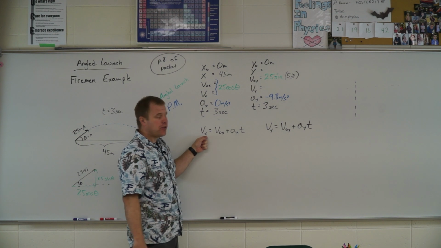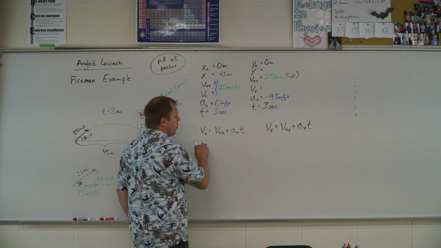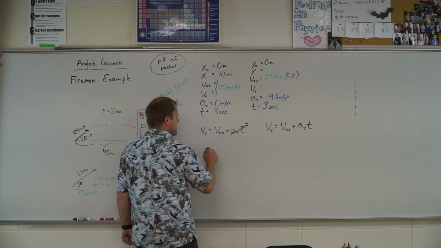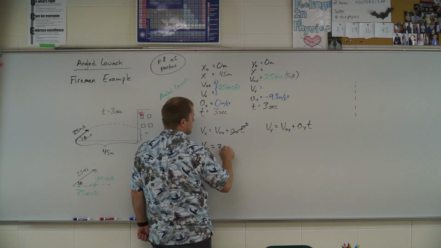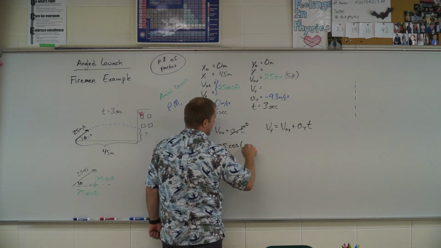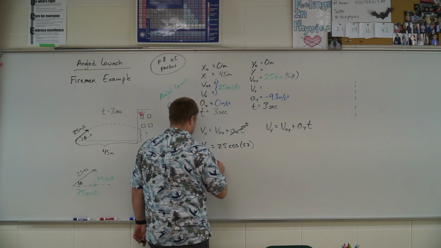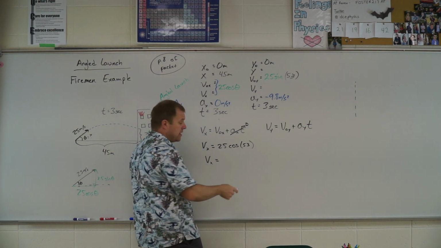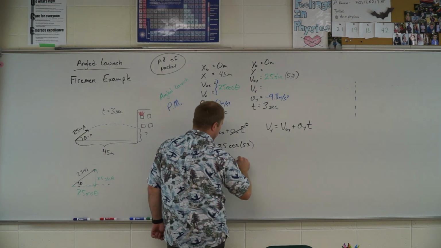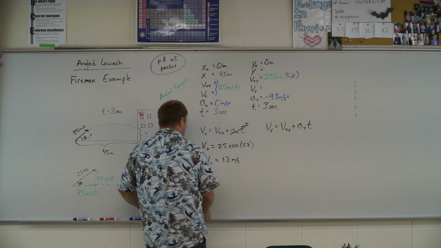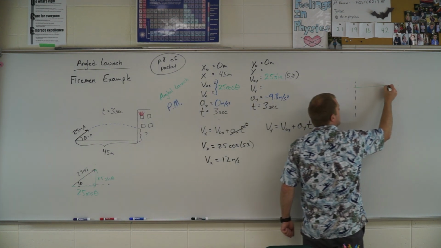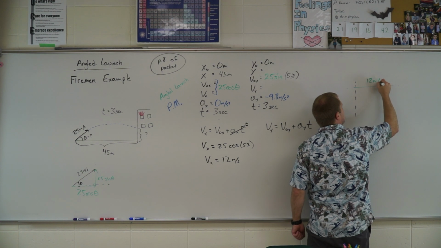The final horizontal velocity is the same as the initial. So Vx is going to be 25 times the cosine of our 53 that we stored on our calculator. If you stored that properly, you should get 12 meters per second. So my horizontal velocity component is positive 12 meters per second.